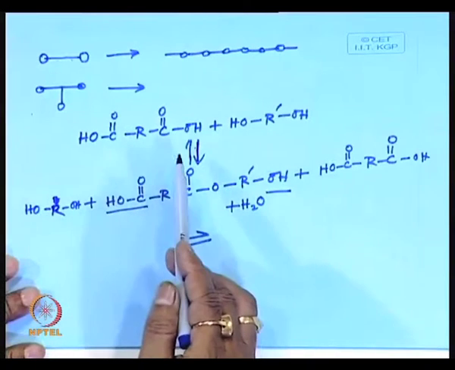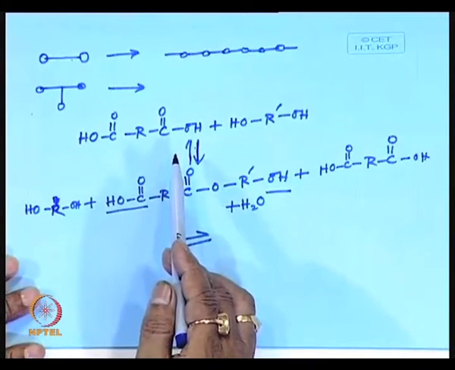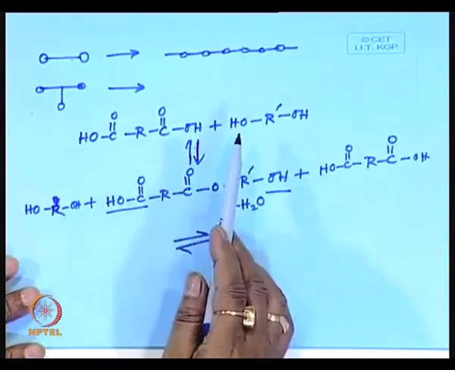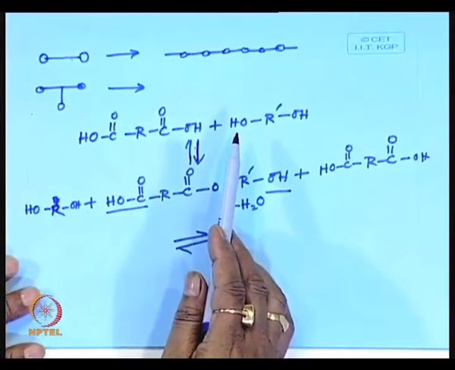You will calculate the molecular weight of these two compounds, then you have to weigh the amounts corresponding to 1 mole of each, then mix these two reactants in presence or absence of solvent, apply polymerization conditions, and it will start polymerization.